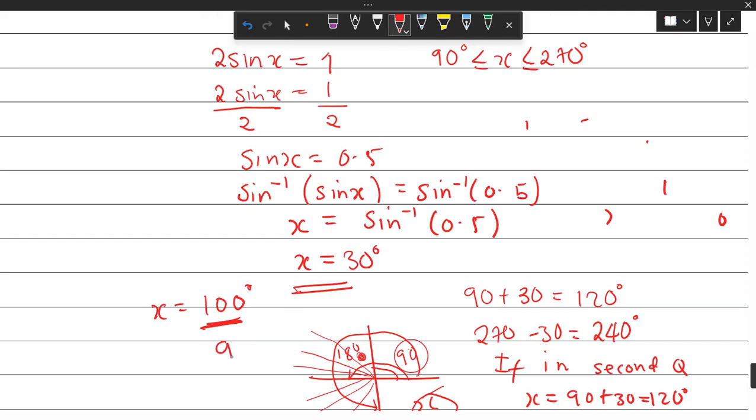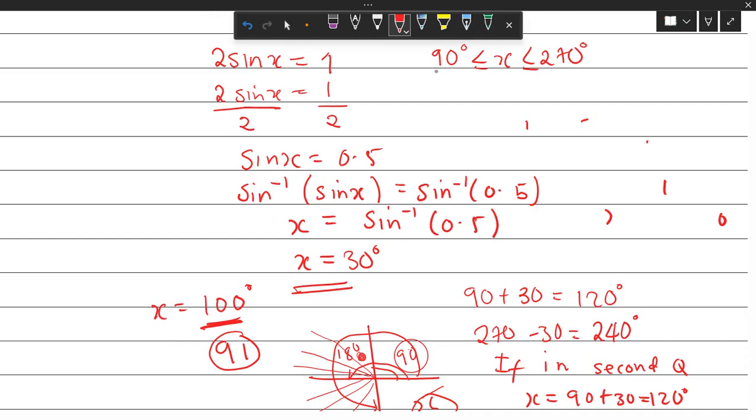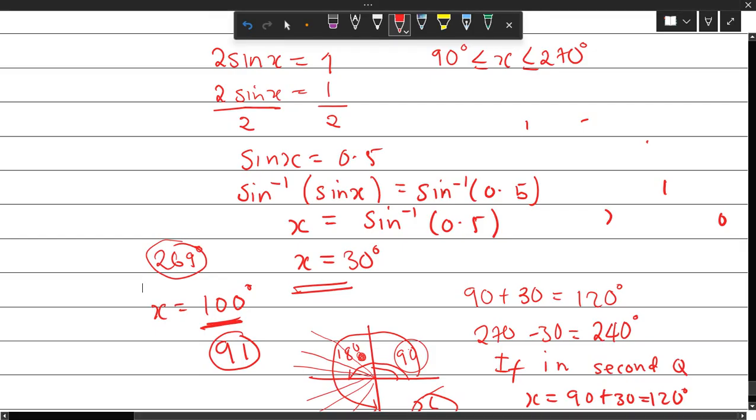Or if it was 91, we know 91 is greater than the lower limit we've been given, 90, so it would have been the answer. Or if it was 269, still we would not have done anything like subtracting or adding. But since it's lower than the lower limit, you can either add to the lower limit to get your answer or subtract from the upper limit to get your answer. So hope that is clear.